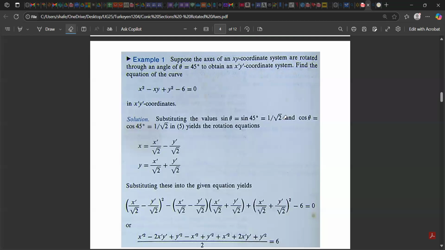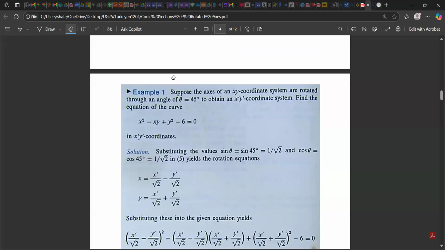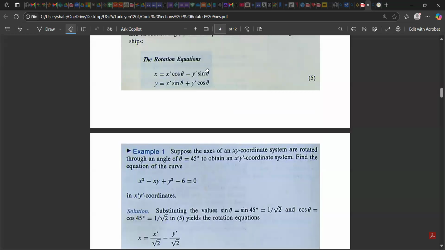Sine theta is 1 over root 2. They didn't rationalize the denominator. And cos 45 is 1 over root 2. Oh, they're both the same thing, right? You take these two numbers now and you put them in the place where cos theta, sine theta, cos theta are.